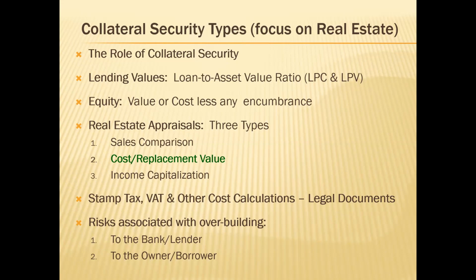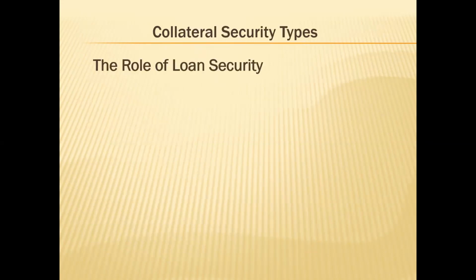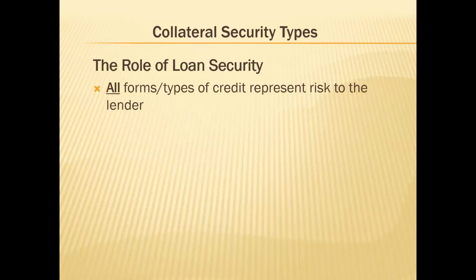If we go to page 44, I've broken it down in point form here. The role of loan security. The first paragraph: all forms or types of credit represent risk to the lender.